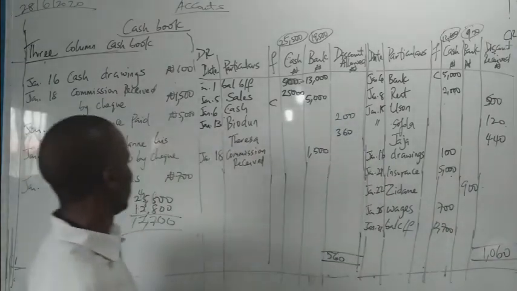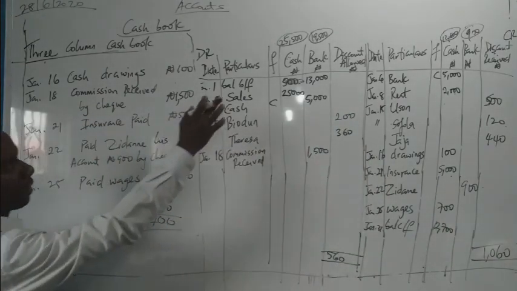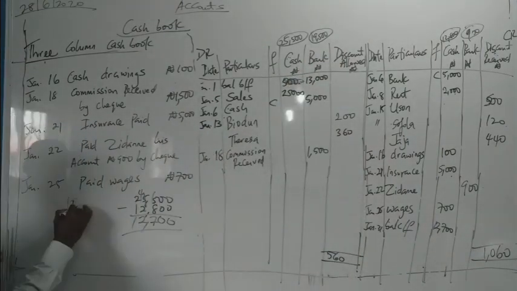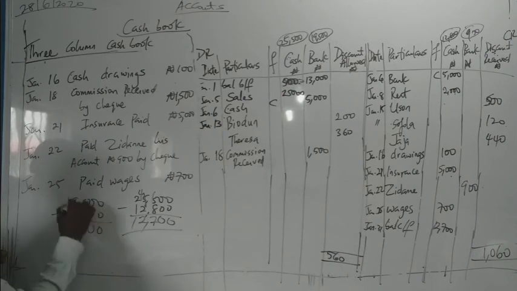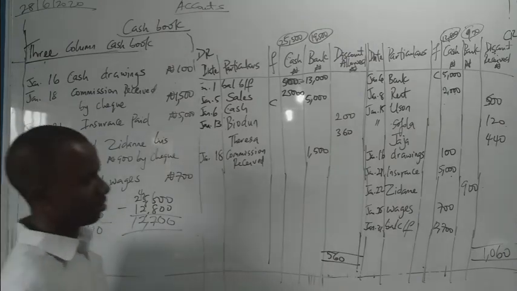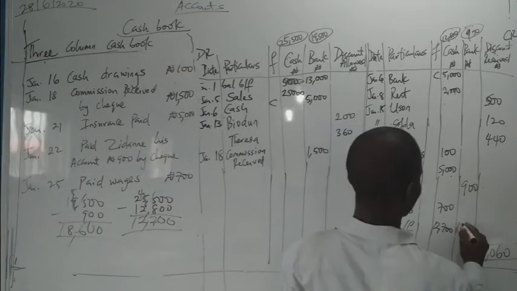Then for the bank, 19,500 minus 900. 0, 0. Take one out. Put it here. 15 minus 9, 6. So 18,600.